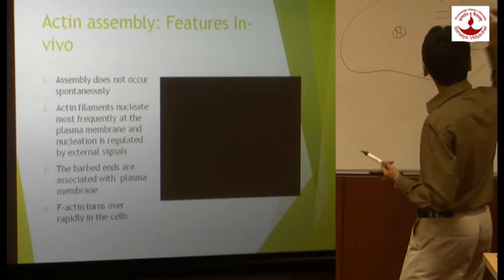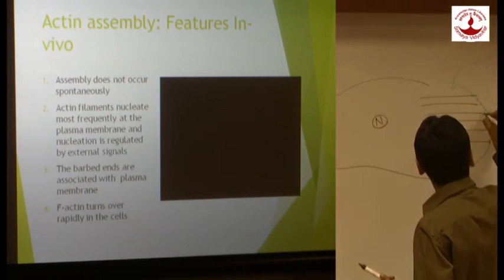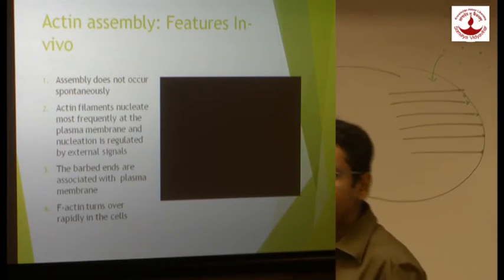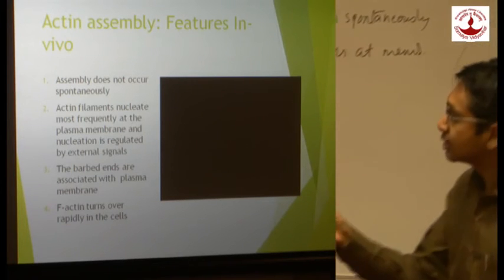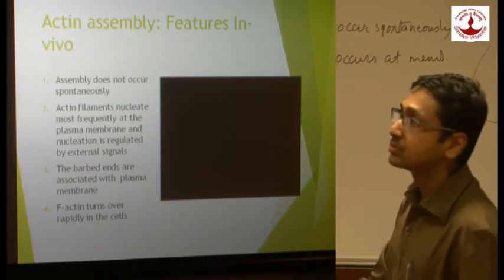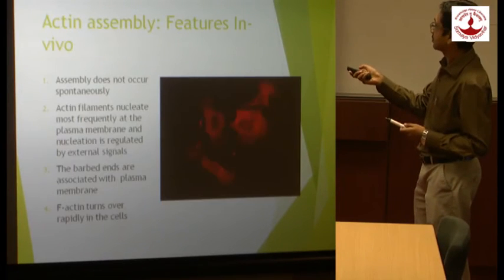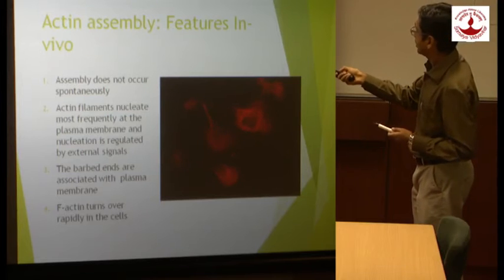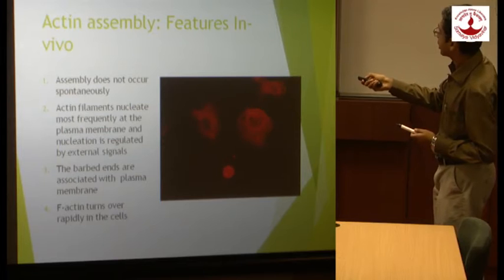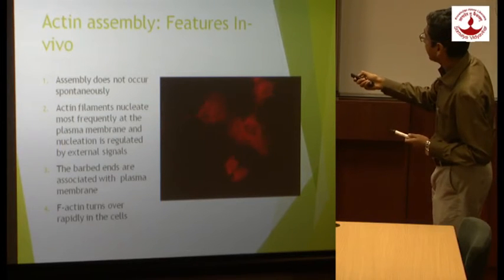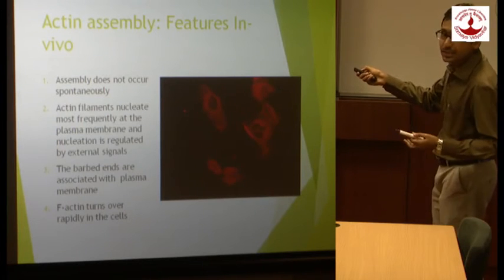What we see is the fluorescence is prominent at the membrane, which you can also see in this video. You can see that the new filament is being formed. These are osteosarcoma cell lines. You can see at the periphery there is an increase in the fluorescence and it goes away.